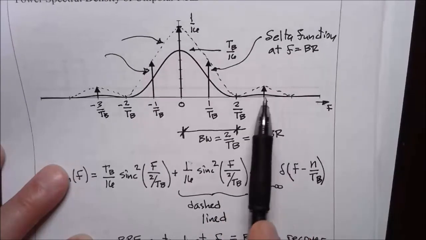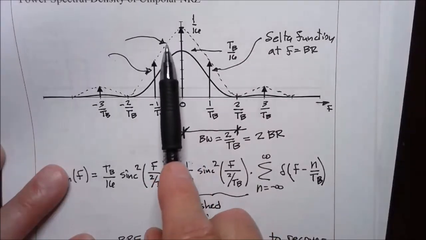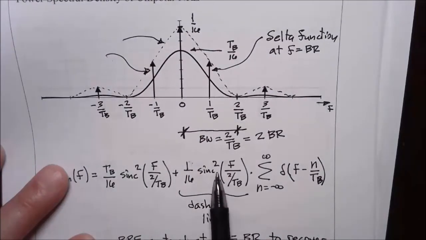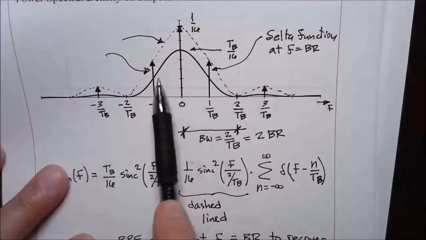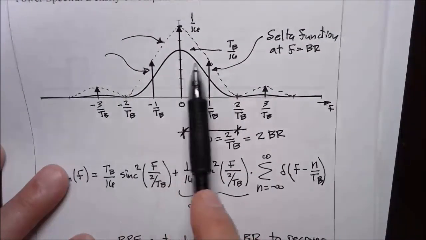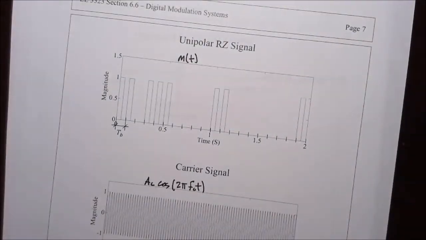The even harmonics get zeroed out, the odd harmonics remain, and their weight takes the shape of this sinc squared function, and on top of that is this sinc squared function in the background as well that has a null at 2 times the bit rate. That's what the mathematics tell us.